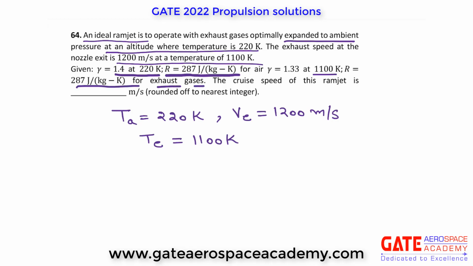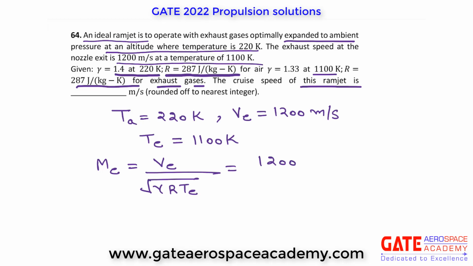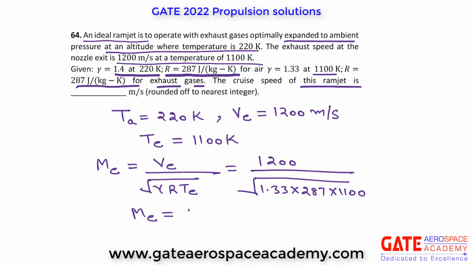The cruise speed of this ramjet is... so let's find out exit Mach number, is equal to VE upon under root gamma R T exit, is equal to 1200 upon under root 1.33 into 287 into 1100. So they have given 1.33 gamma for exhaust gases. So M exit is equal to 1.852.